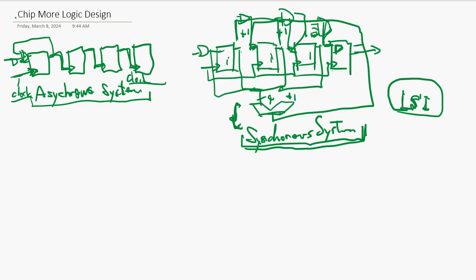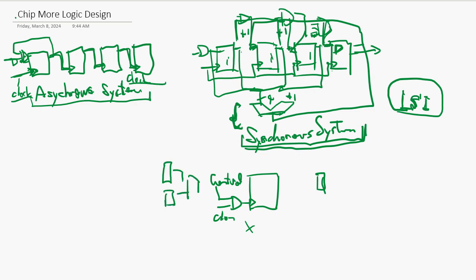So what some people do is this: I'm going to control the clock. You never do this. You know why? Because the control may come from some logic here, and the output of this logic may have many ups and downs until it settles to some control state at the end.